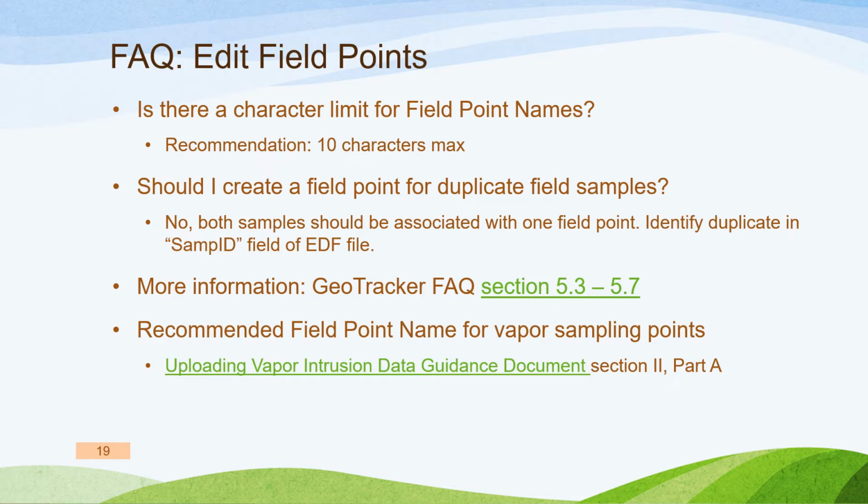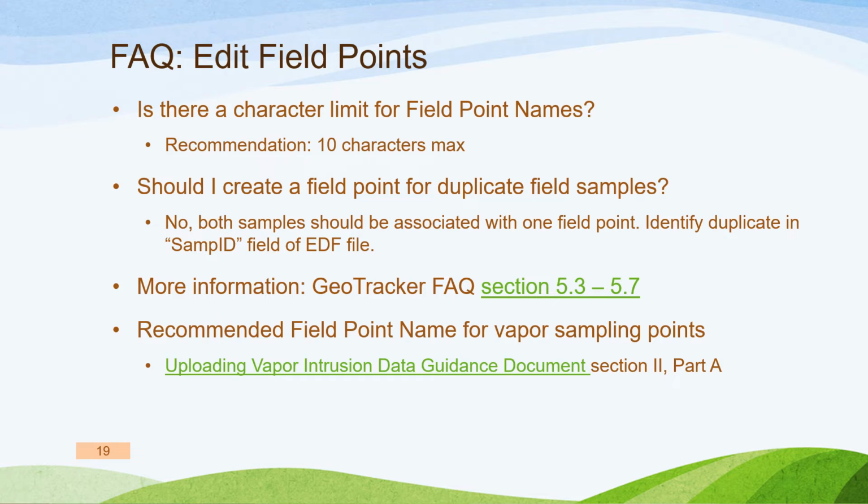So some common questions about field points in GeoTracker: one, is there a character limit for field point names? Our recommendation is to keep the field point names 10 characters or less. And this is in regards to the EDF file. The EDF file has two different formats. One is what we call a fixed length format. Another one is a comma quote separated format.